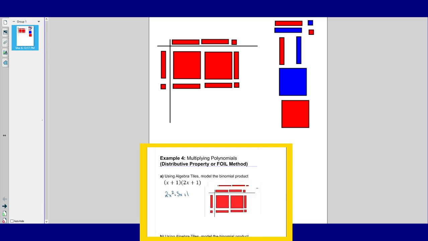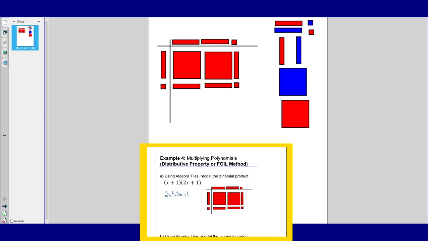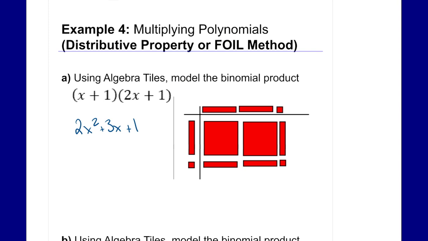So when we expand these two brackets, that's the answer that we get: 2x squared plus 3x plus 1. So again, everything on the inside here is what we're adding up. Everything on the outside here are the two brackets.